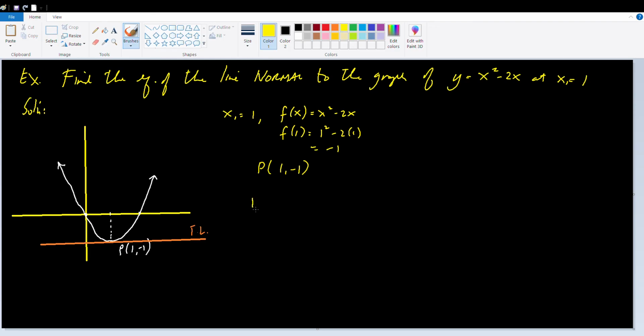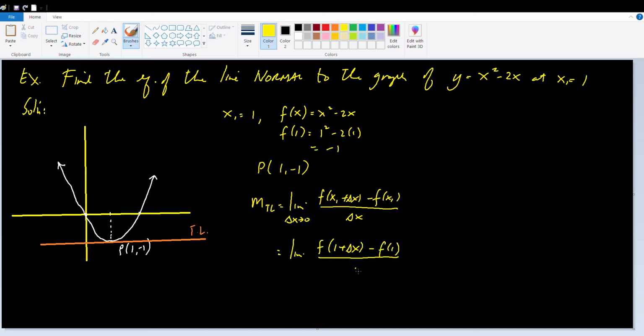So the slope of the tangent line is the limit of f of x1 plus delta x minus f of x1 all over delta x as delta x approaches 0. Our x1 is 1. So f of 1 plus delta x minus f of 1 all over delta x as delta x approaches 0. Our f of x is x squared minus 2x. So replace all x's by 1 plus delta x.